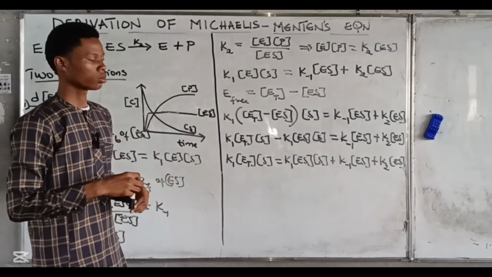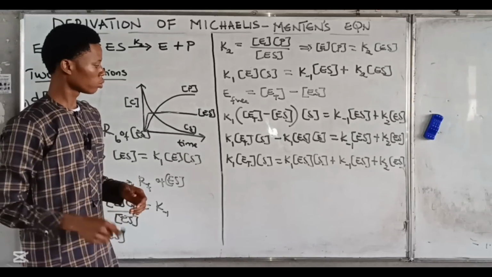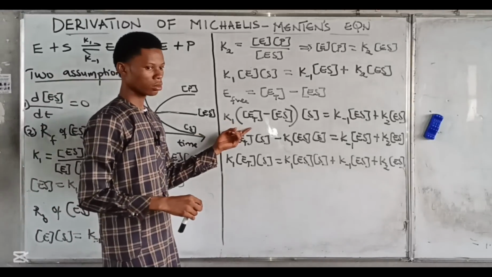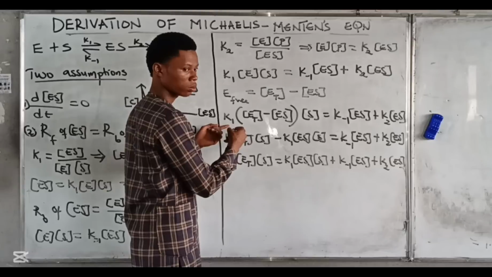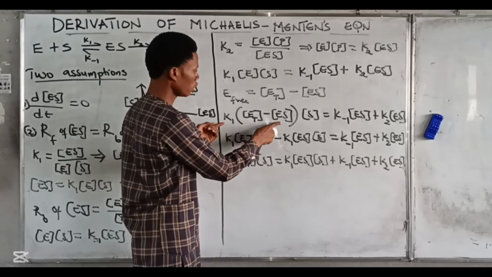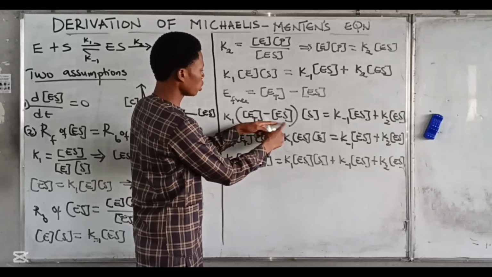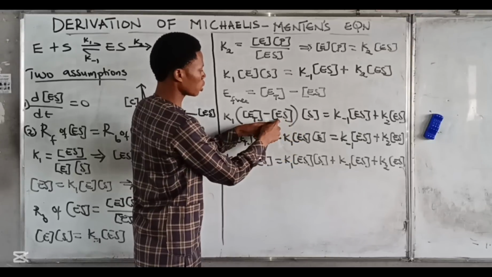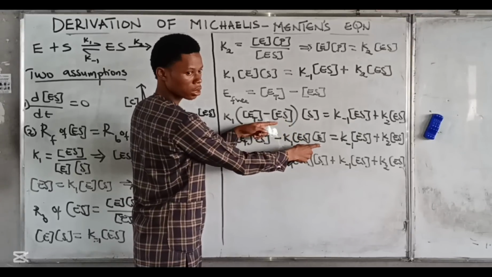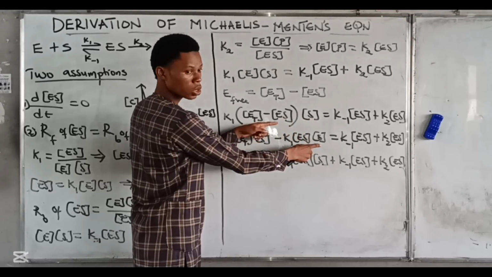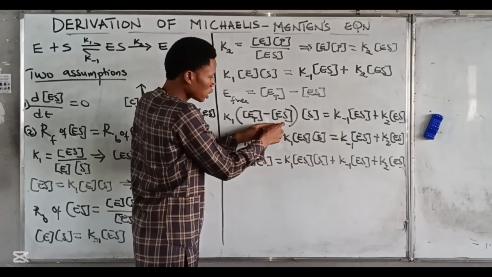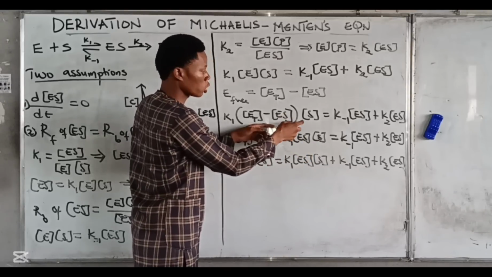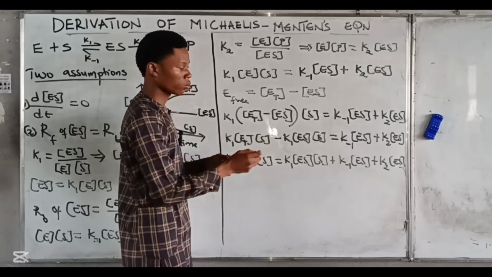Yes. The S is also multiplying the one inside the bracket. K1 times ES is K1 ES S times ES? No. If the S was alone, this is ES, not just S. If the S was alone, that is when it will be S squared.